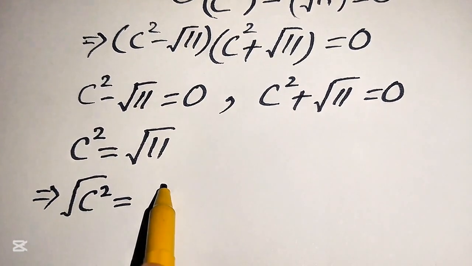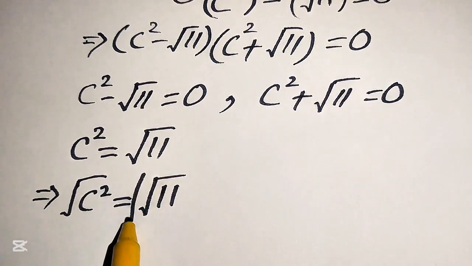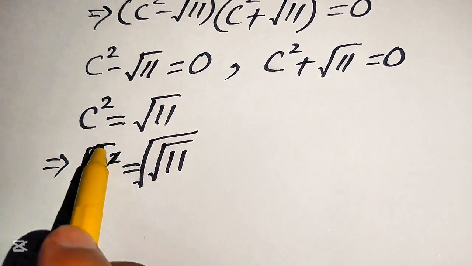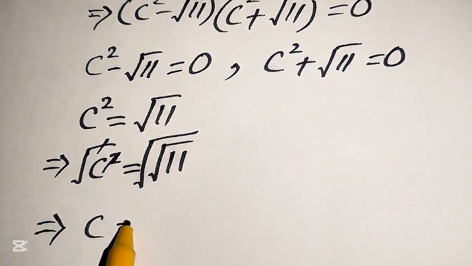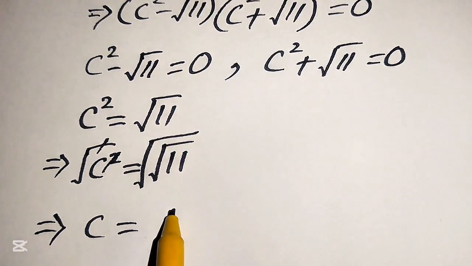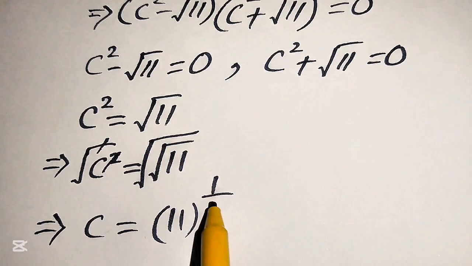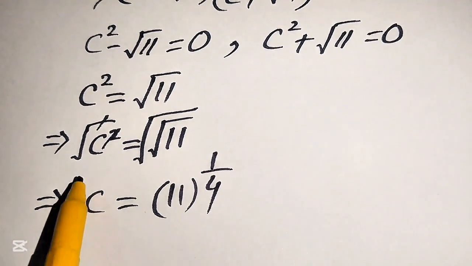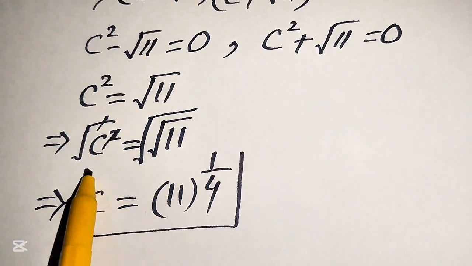So c square, its whole square root, equals double square root of 11. On the left hand side the 2 and the square root are gone, and we get c equals 11 to the power of 1 over 4. So this is our first positive solution of the given equation.